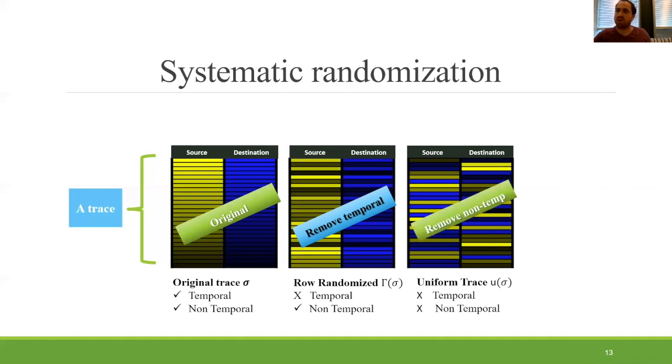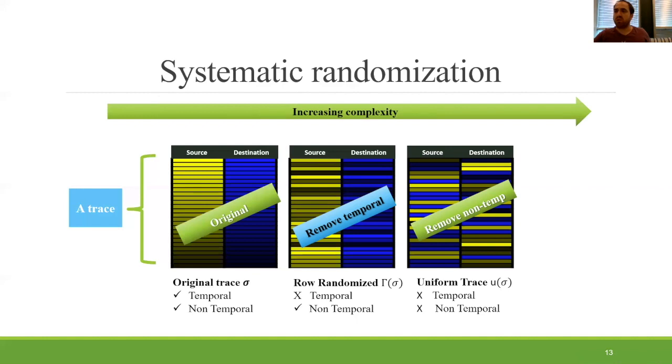So we have now removed all of the temporal as well as the non-temporal structure. And as a general rule, we know that since we only introduce more randomness, we introduce more entropy into each trace, the complexity of each trace is only increasing.